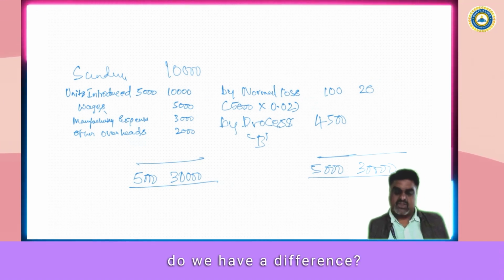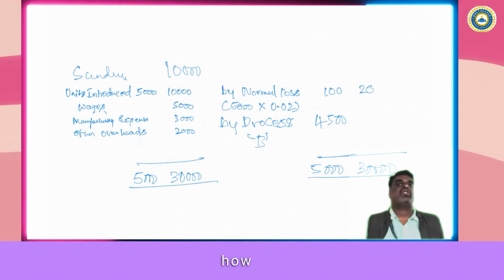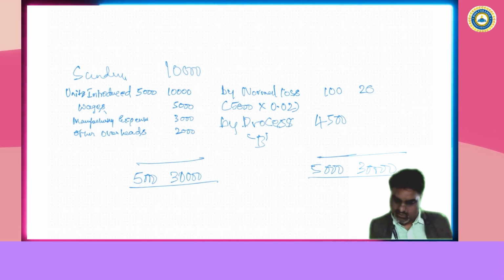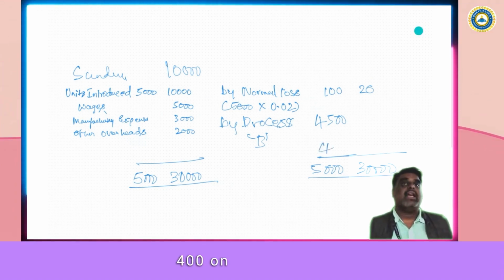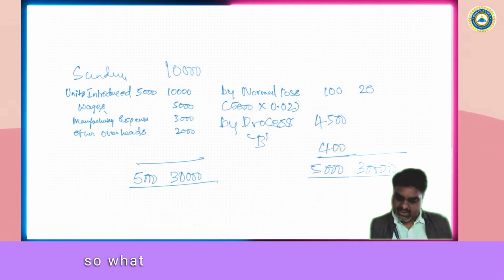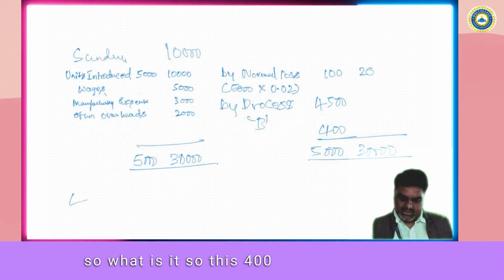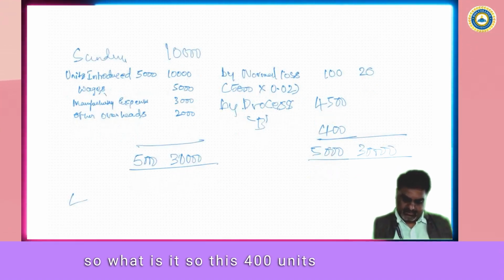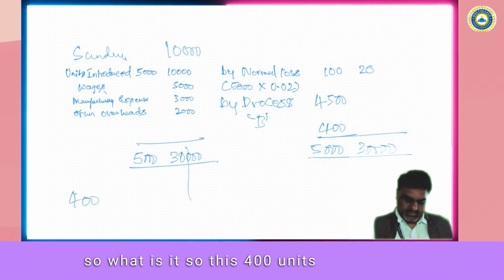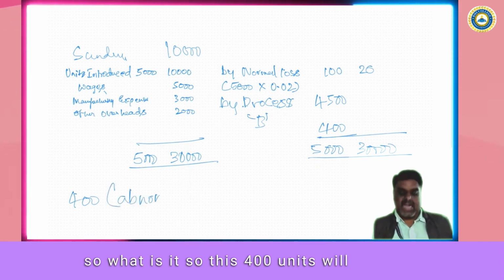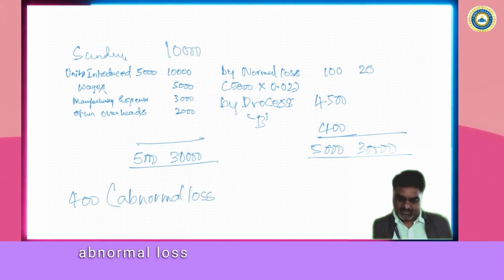Do we have a difference? How much? 400 on the credit side. So this 400 units, we will consider as abnormal loss.